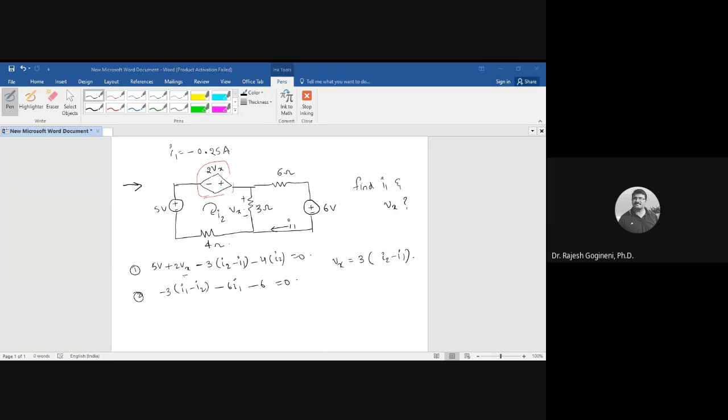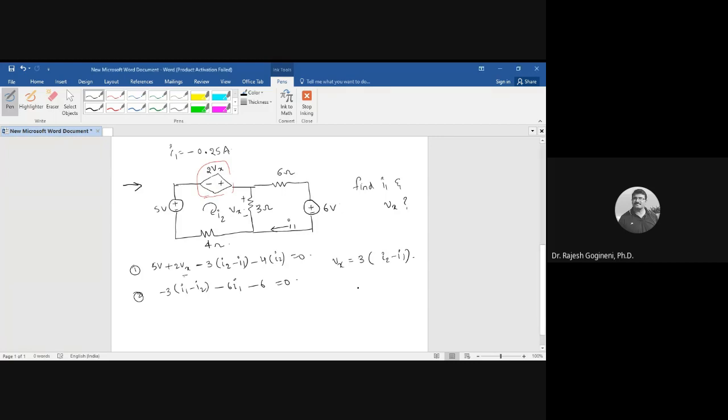Is it clear? Any doubt in that? Because in the first KVL equation, 3 unknowns are there: I1, I2 and Vx. But we have 2 meshes, so we will get only 2 independent equations. So we should know the relation.